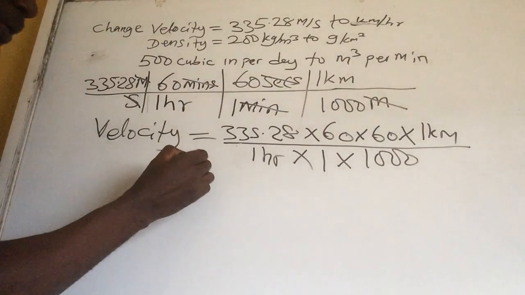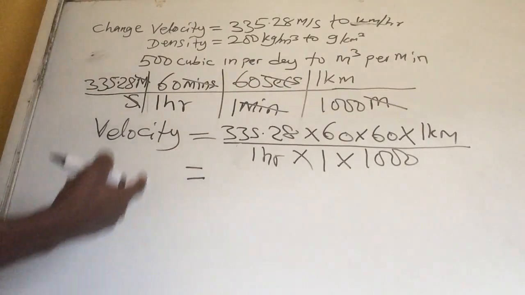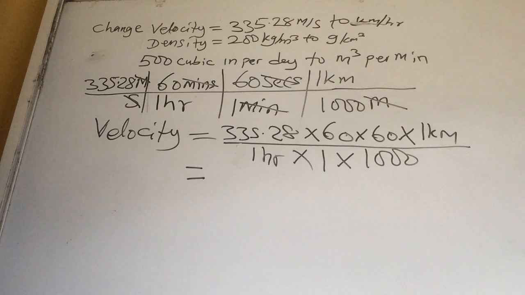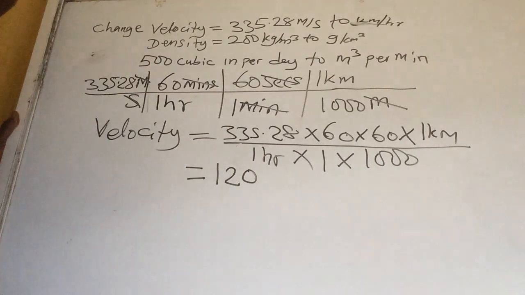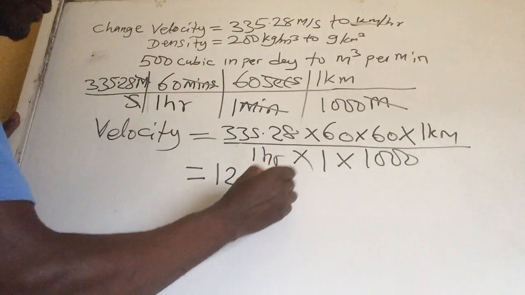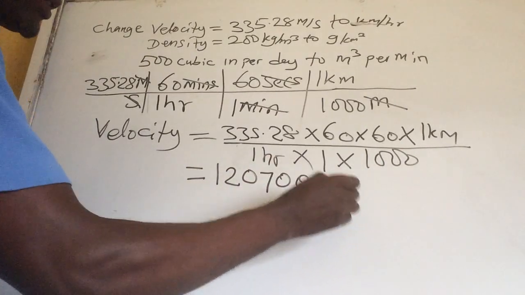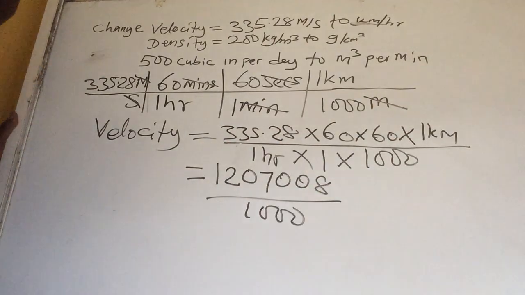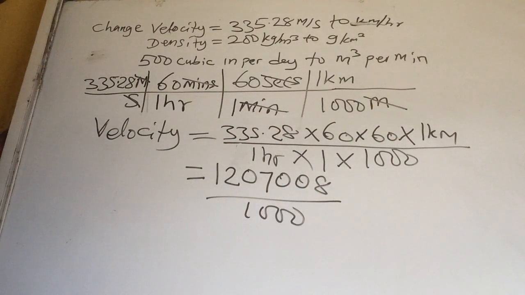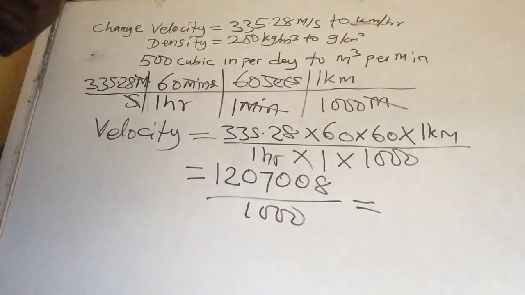Multiplying everything on top gives 1,207,008, all over 1,000.